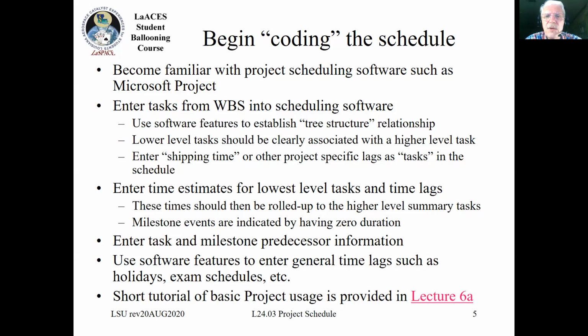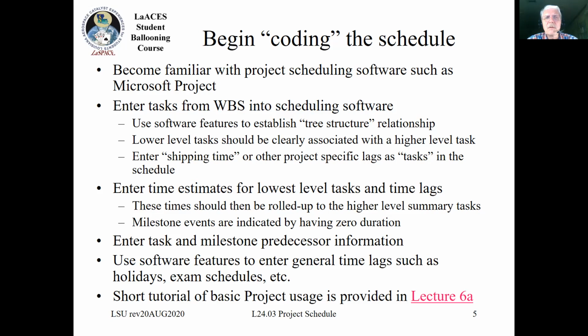Enter in your WBS, right? And many times the software will help you establish this tree structure relationship between tasks and subtasks. Put in your lags, right? Your shipping time or your other types of things as tasks in your WBS, because that is going to take up time.